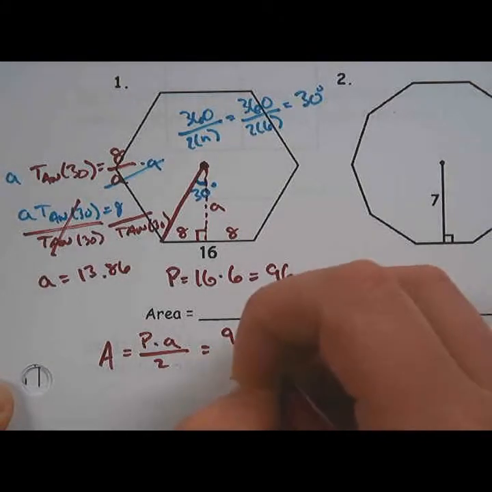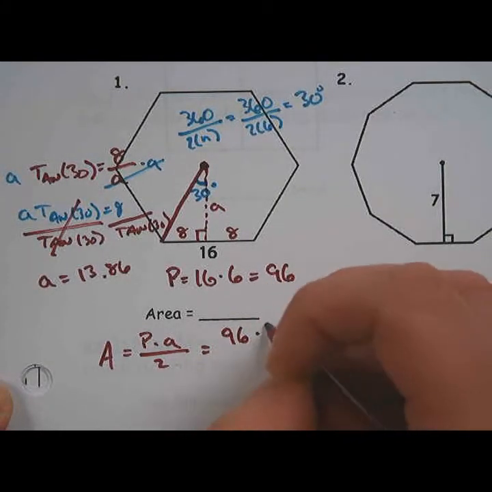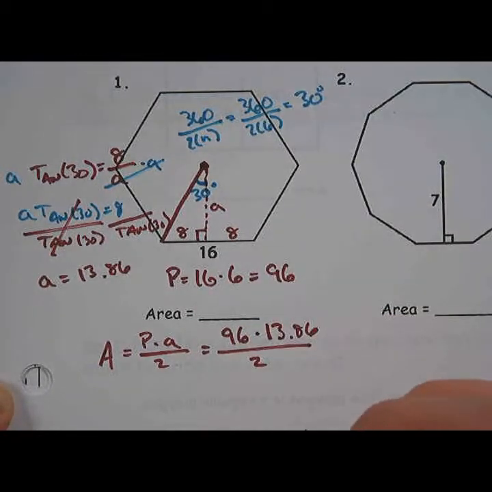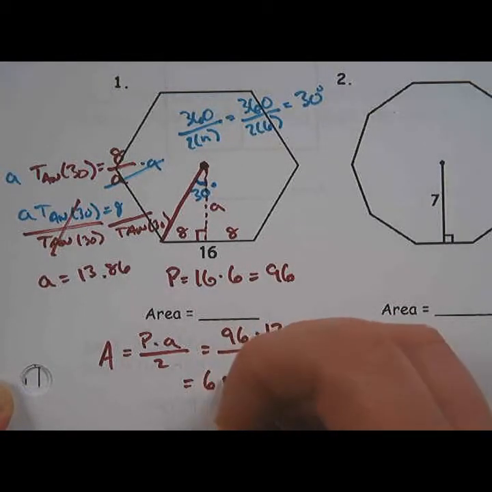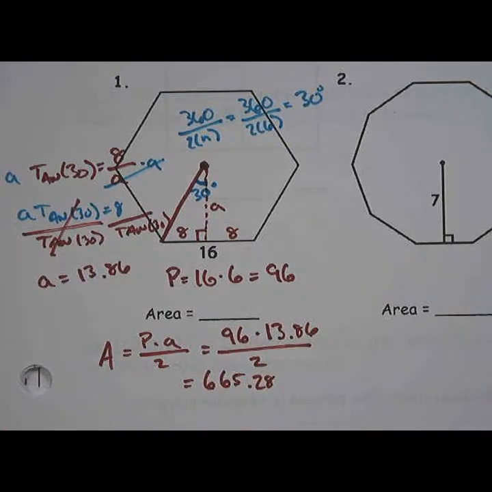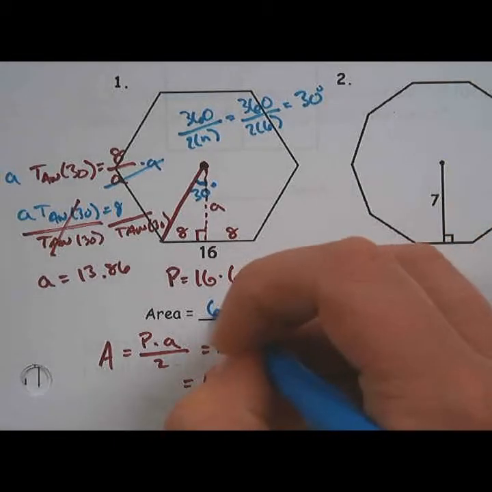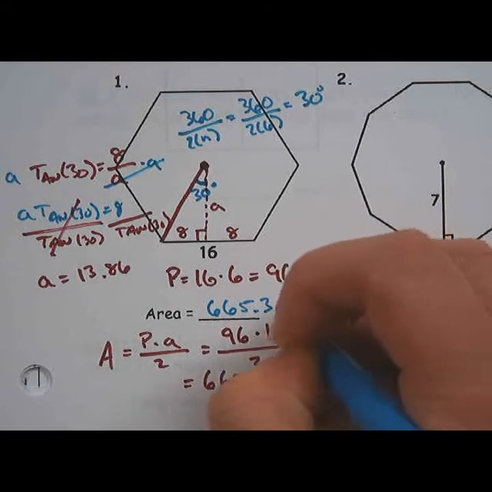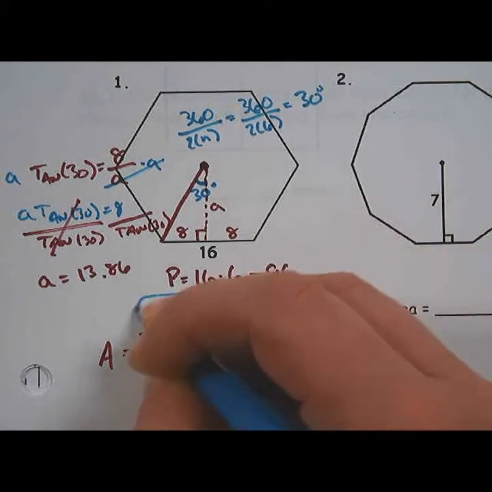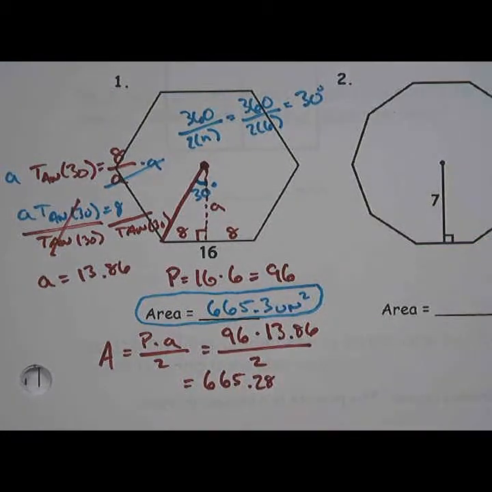So the perimeter of 96 times the apothem of 13.86 divided by 2, which equals about 665.28. Or you can round that to the nearest tenth, so 665.3 square units. All right, so there's our area for that first one.